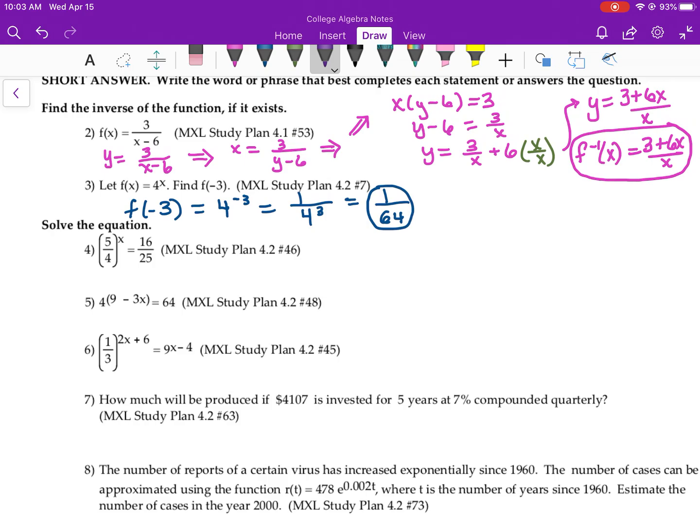What I would be doing here is I would try to get the same base so that I can use a one-to-one property. All right, I know that 5 squared is 25 and 4 squared is 16. However, my fraction's kind of upside down. So the first thing I'm going to do is switch the order, flip it, and that changes the sign on my exponent.